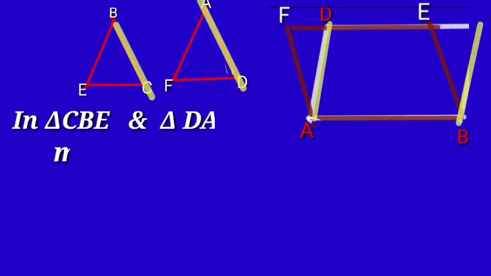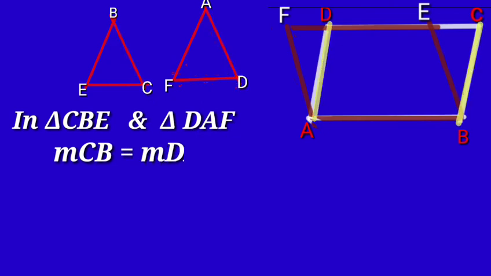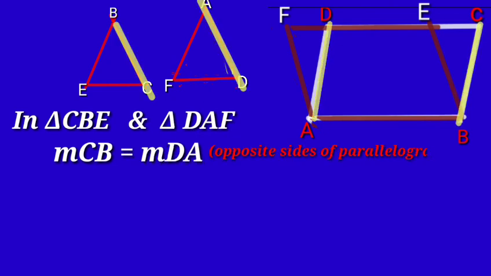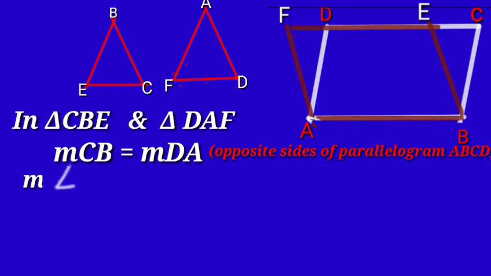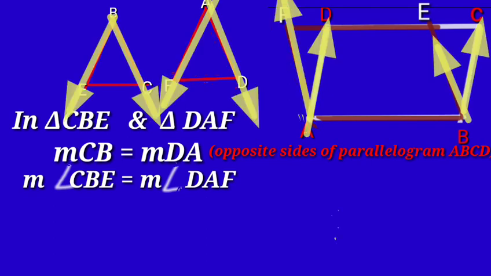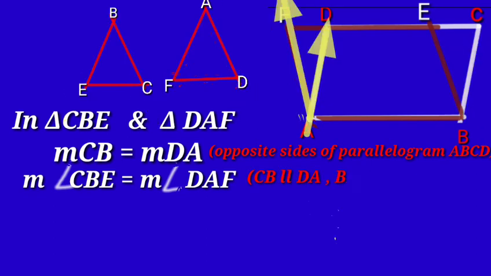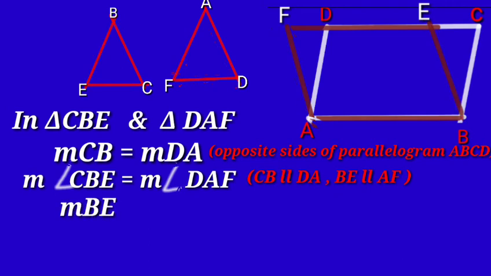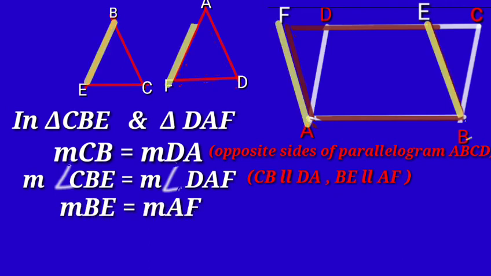Corresponding to the triangles, triangle CBE and triangle DAF are congruent if side CB equals side DA, angle B equals angle A, and side BE equals side AF.